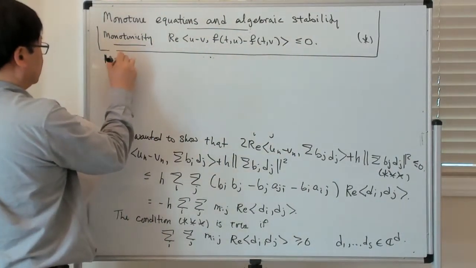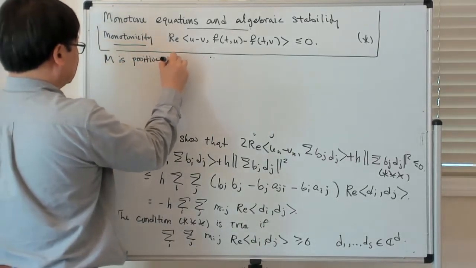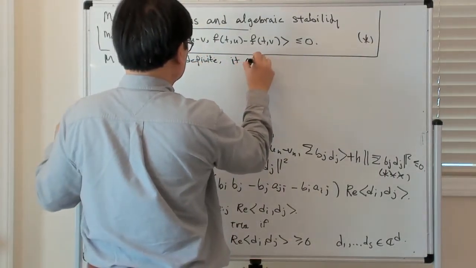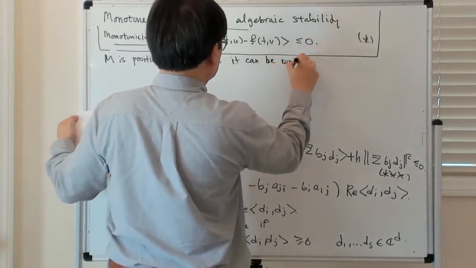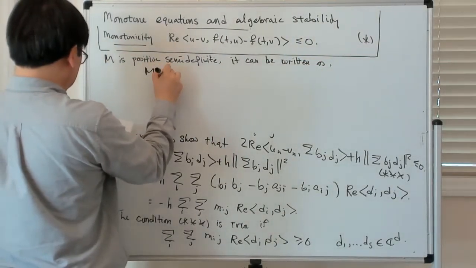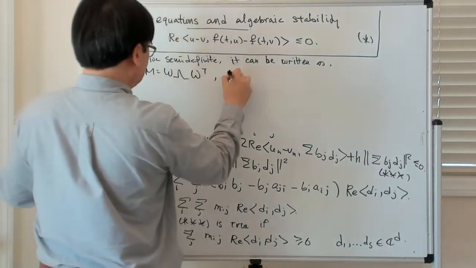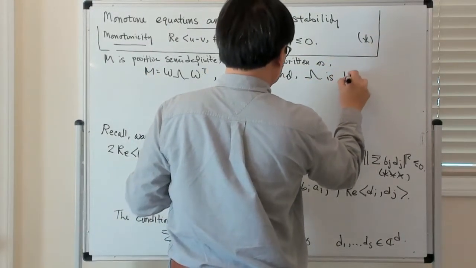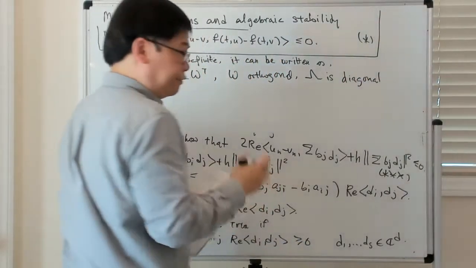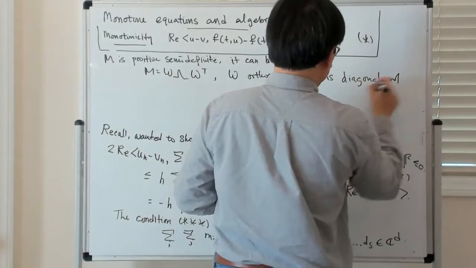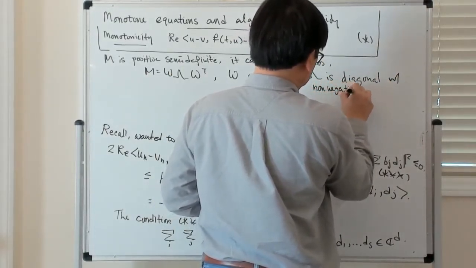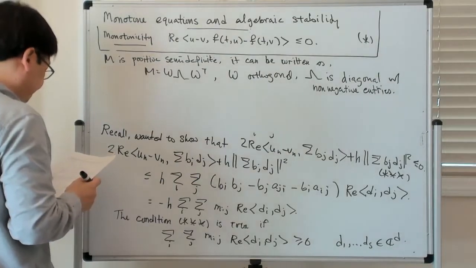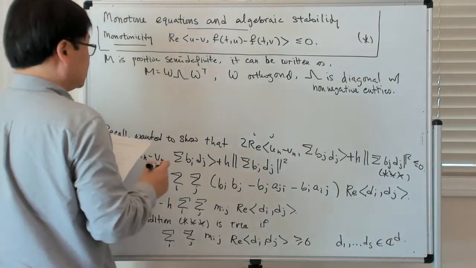So M is positive semi-definite, right? Which means that it can be written as M equals W lambda W transpose, where W is orthogonal and lambda is diagonal with non-negative entries, right?